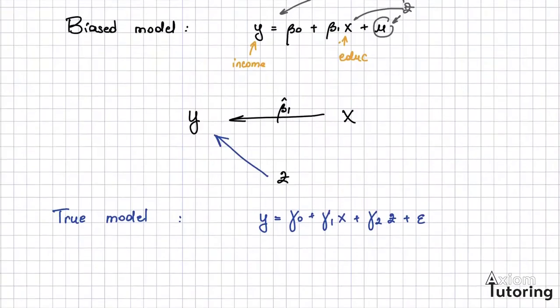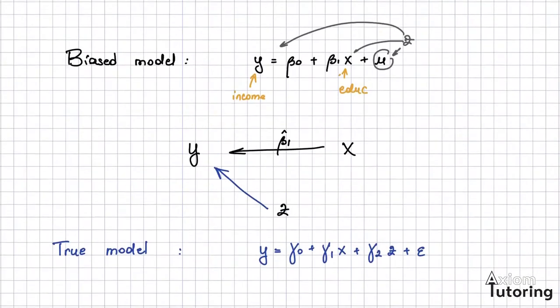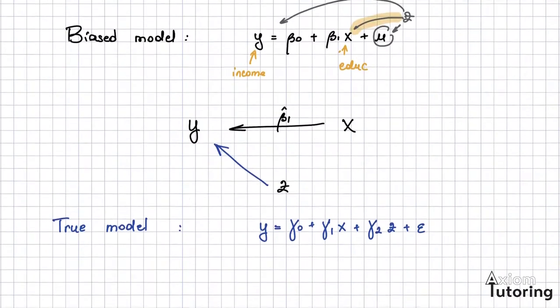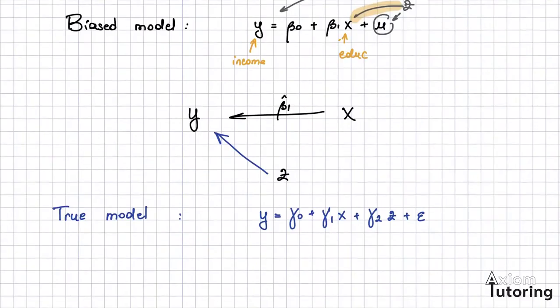But again, to have the omitted variable bias problem, we needed to make sure that this relationship between X and Z existed, because otherwise, if we have a graph that simply looks like this, meaning I don't have a relationship between X and Z, then I don't really have an omitted variable bias problem. So how can we get a sense of this relationship between X and Z? That's where we use what we call the auxiliary model.